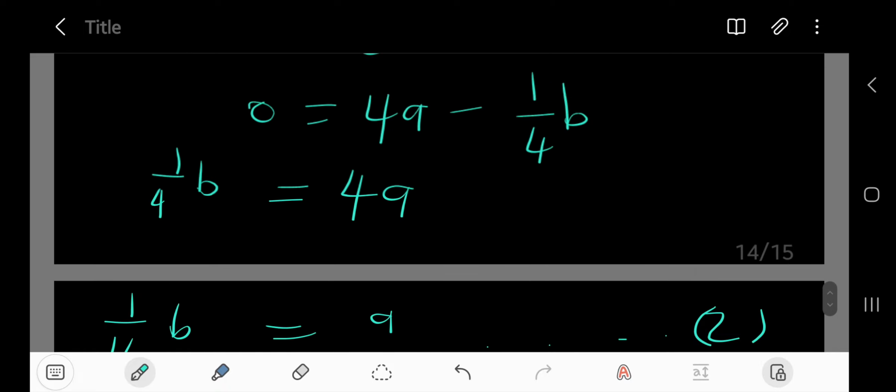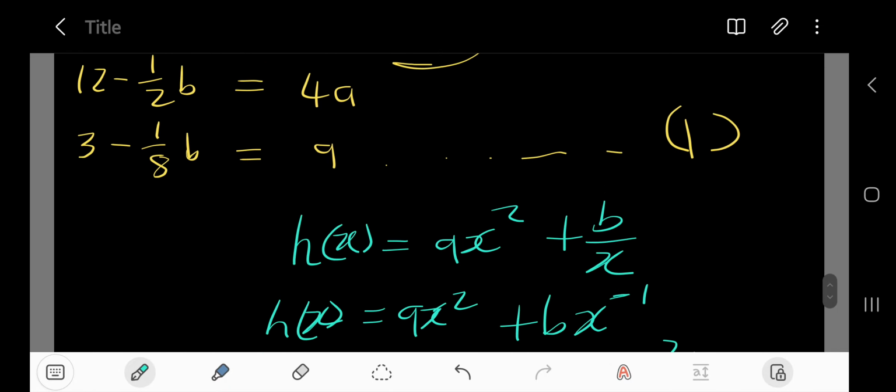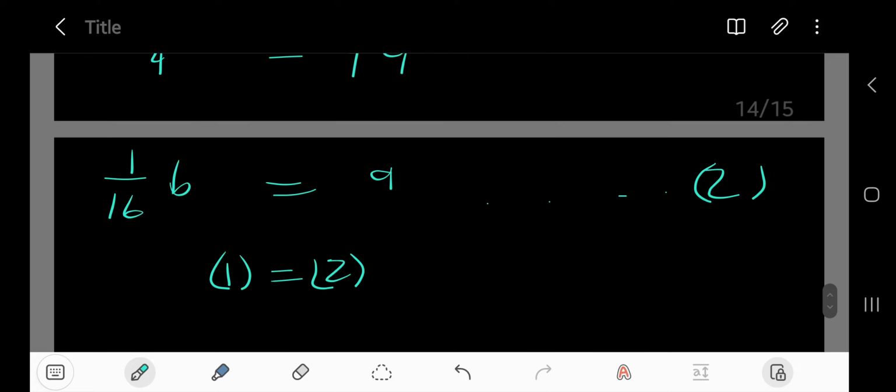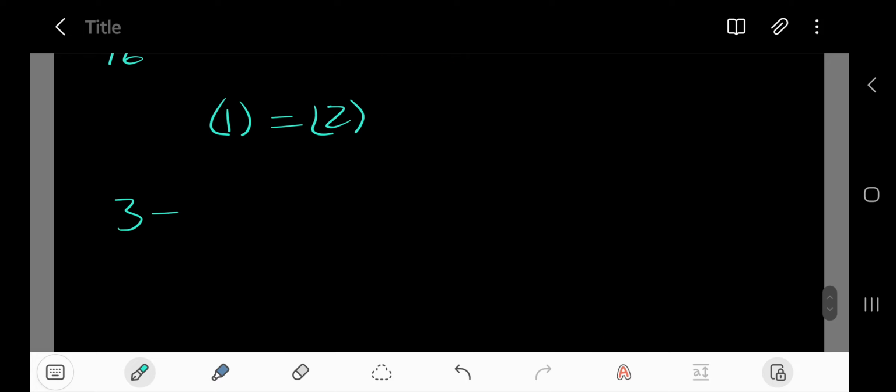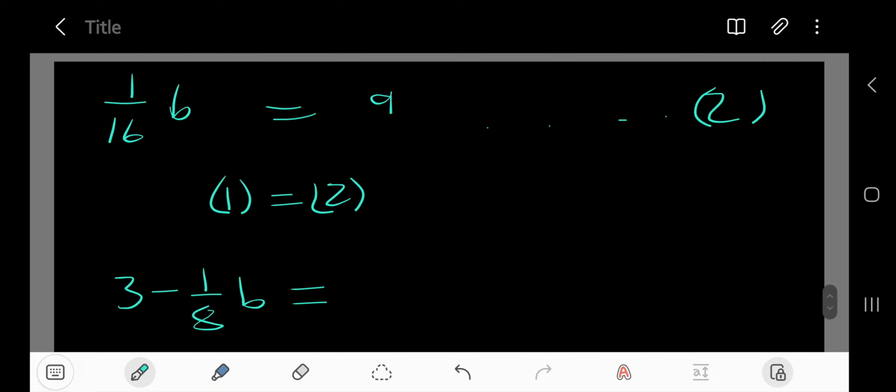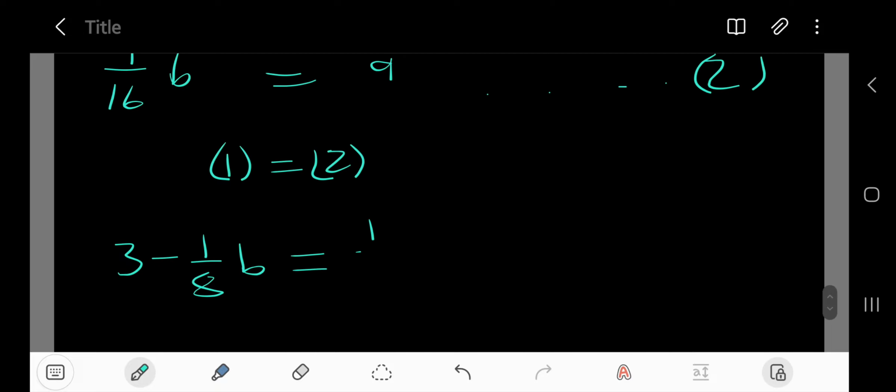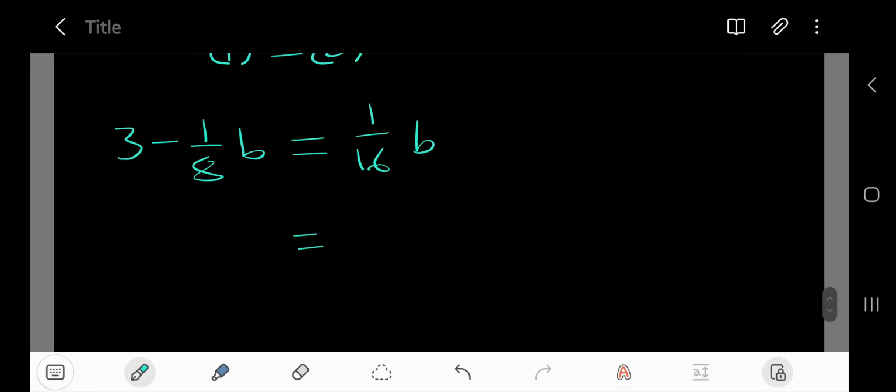So now our equation 1, what did we have? We had a is equal to 3 minus 1 over 8b. So 3 minus 1 over 8b is equal to equation 2, which is 1 over 16b. So now let's group the like terms. We're just going to have 3 alone on this side, and then it's going to be 1 over 16b plus 1 over 8b.